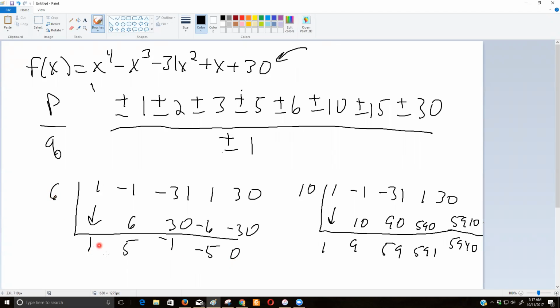Notice that the all-positive thing about upper bounds didn't really work here. So maybe there's a 0 out beyond 6. I tried running the synthetic division on 10. I know 10 is not a 0 because I didn't get a 0 remainder, but notice that last line is all positive. That tells me there's no zeros out beyond 10. That's an upper bound of possible zeros. It just happens that 10 is not a 0.